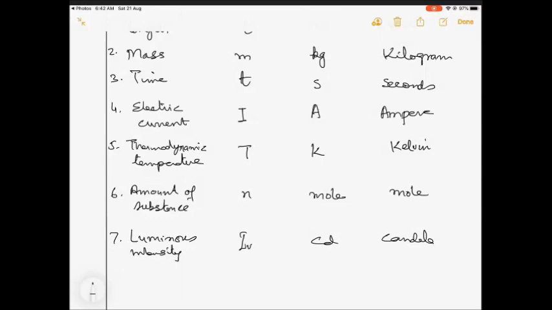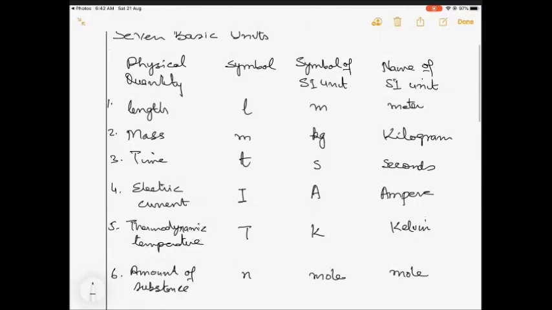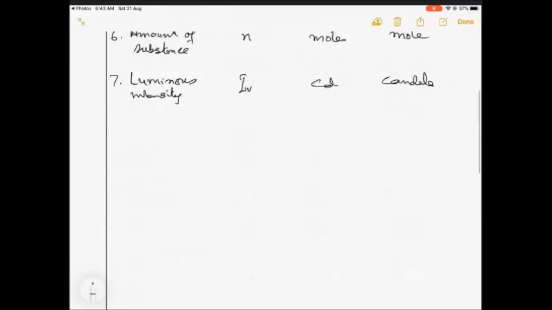Then we move to the next part, that is how to represent length. In a whole, I should say that various prefixes are used in SI systems, which we will now be studying.